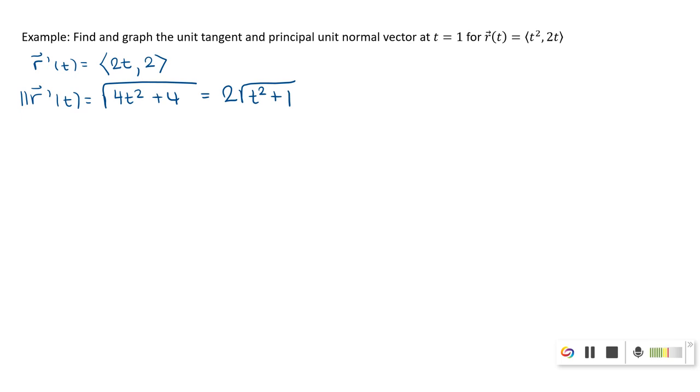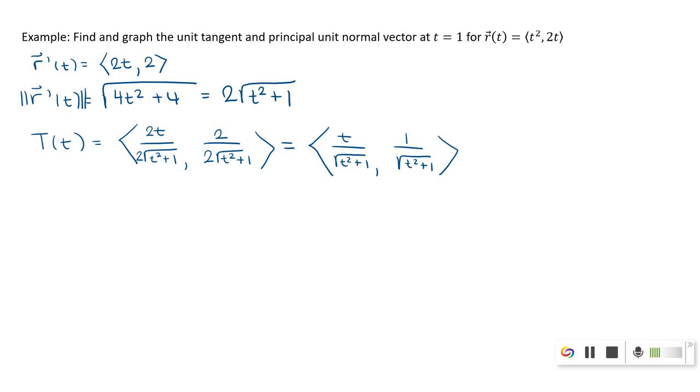In this case, r prime is 2t, 2. And so the magnitude of that would be the square root of 4t squared plus 4. I'm going to factor a 4 out of the square root. It turns into a 2. So I have 2 root t squared plus 1.